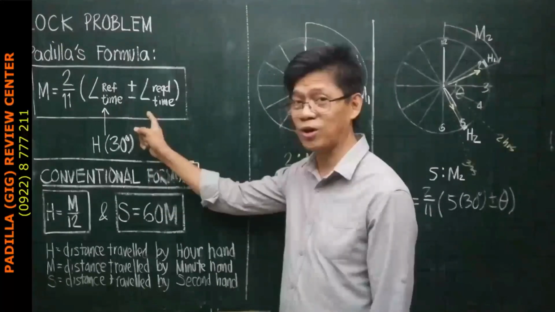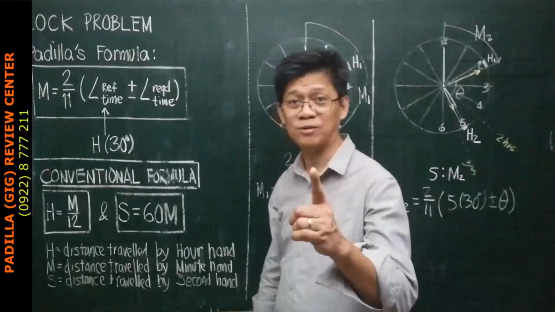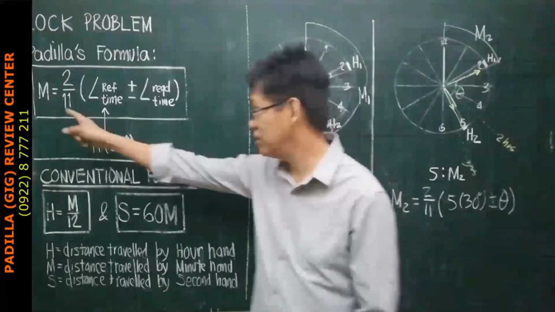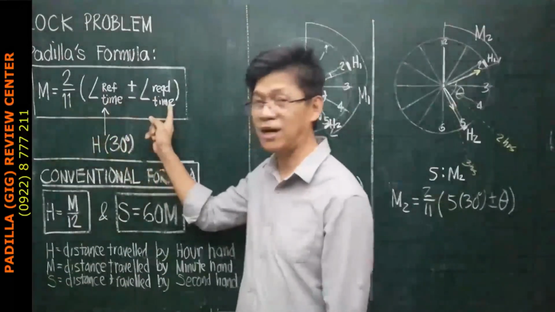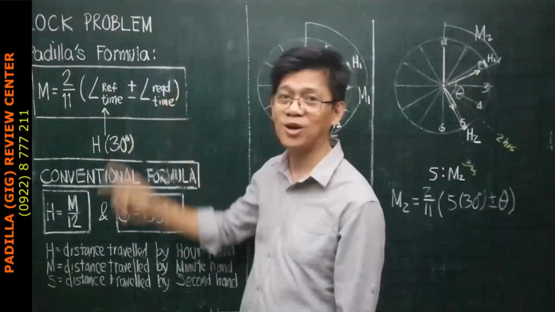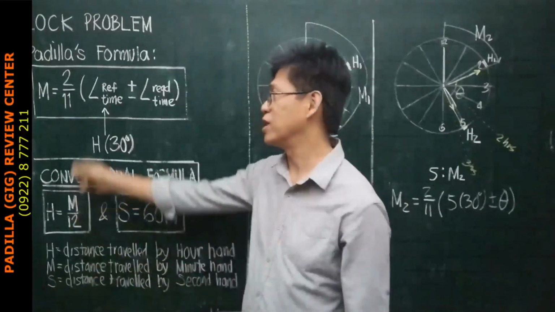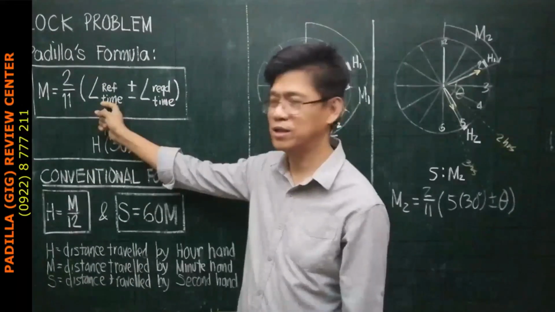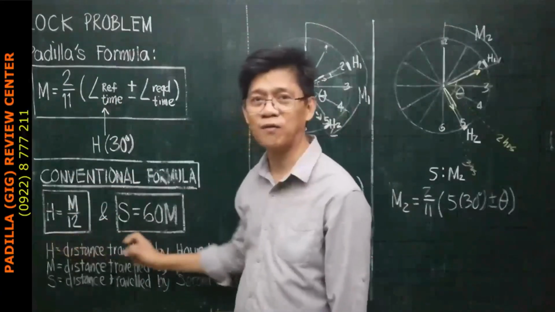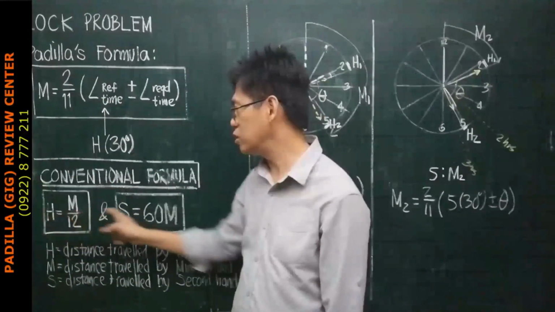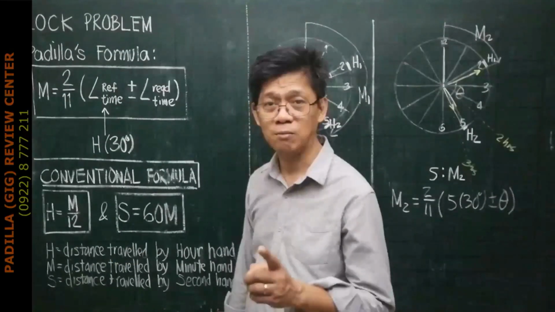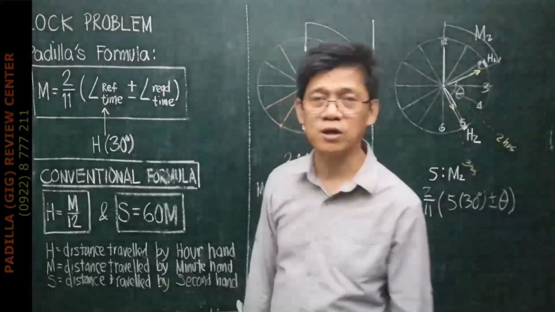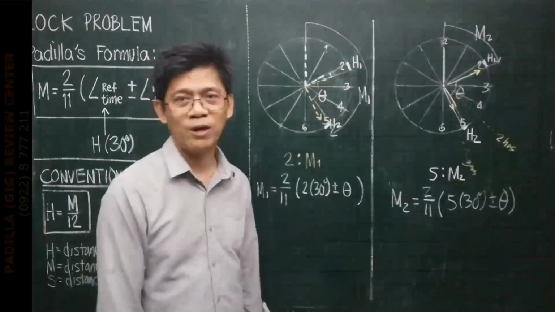So, gamitin lang to if there's only one unknown. Meaning, 2 known of the equation, M and H, M and theta, or H and theta. So, if 2 knowns, you can solve the unknown. Otherwise, just use the conventional formula. But remember, in using the conventional formula, express your units in minutes. No need to convert to degrees. Maliwanag? Okay.